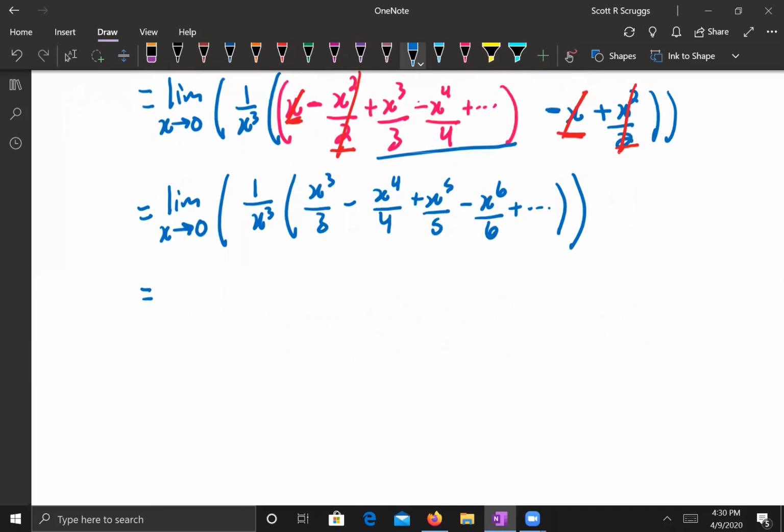And so from here, what value am I going to get for the limit? If I distribute that 1 over x cubed, then evaluate the limit, what will I get at the very end?